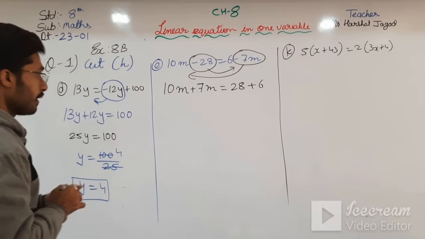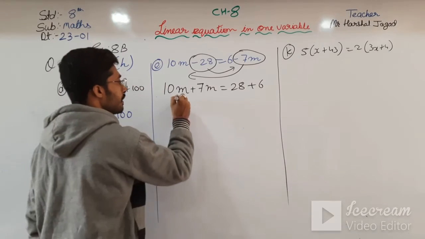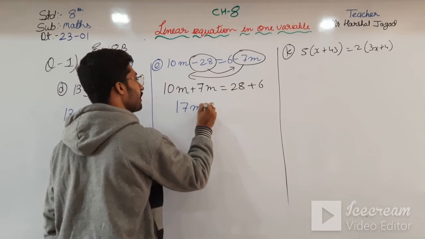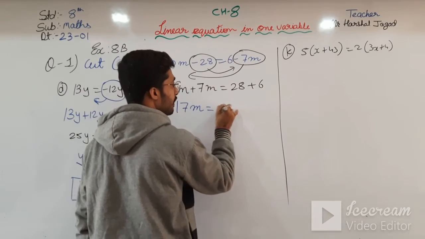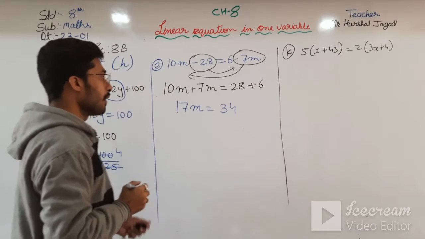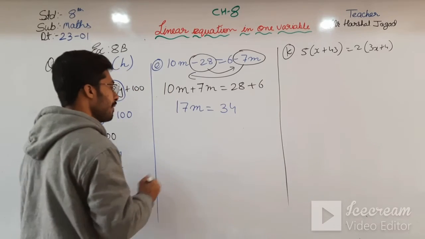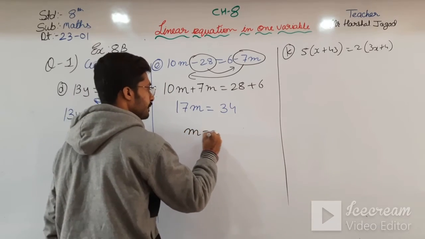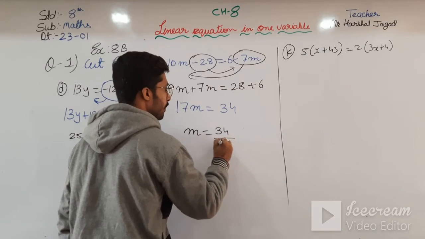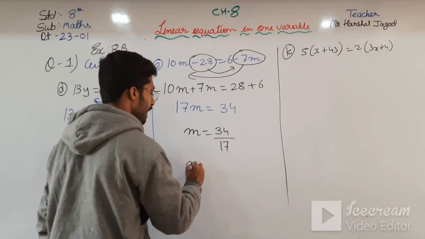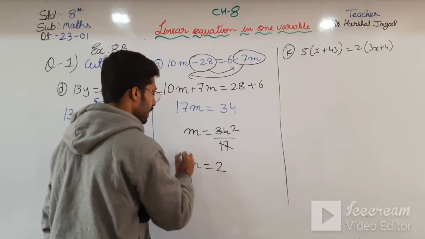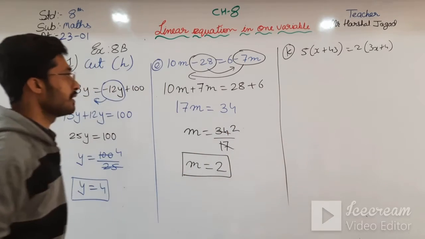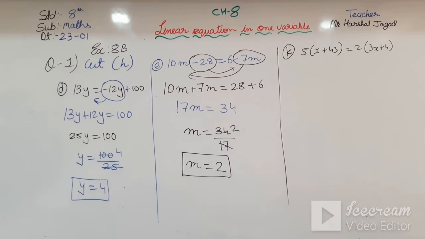So here it is 17m is equal to 28 plus 6, that is 34. Okay, so m is equal to 34 upon 17. So m is equal to 2. 17 2s are 34. Okay, students, please note down this also.